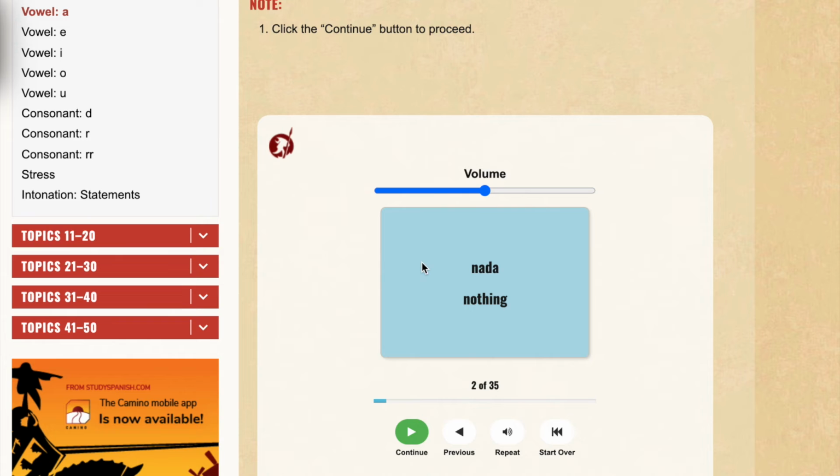I guess we have to keep repeating and just focus on that. So let's move on to the next one. The next one is cama, which means bed. Cama. Cama means bed.